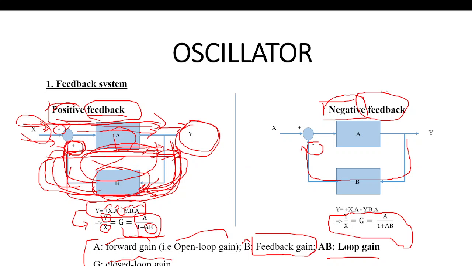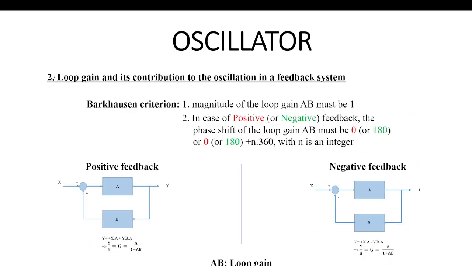So all of the definitions relating to the feedback are defined. Let's go to the main focus for oscillation, which is the loop gain. Here we introduce the Barkhausen criterion. To understand the magnitude and the phase shift of a loop gain of a system, if you don't understand, please read the book in the reference in the comment section of this video, or you can search for a signals and systems book.